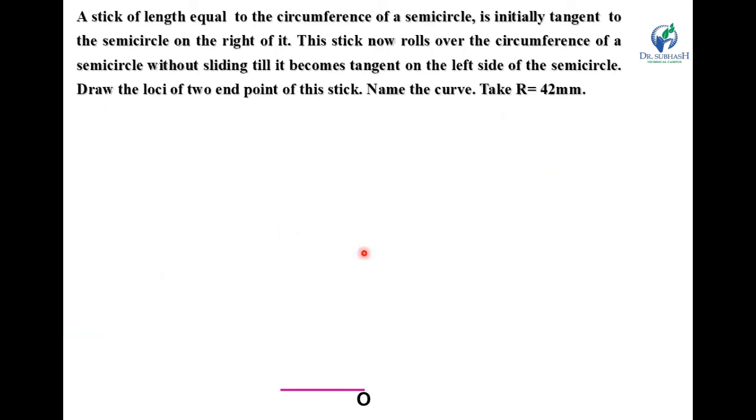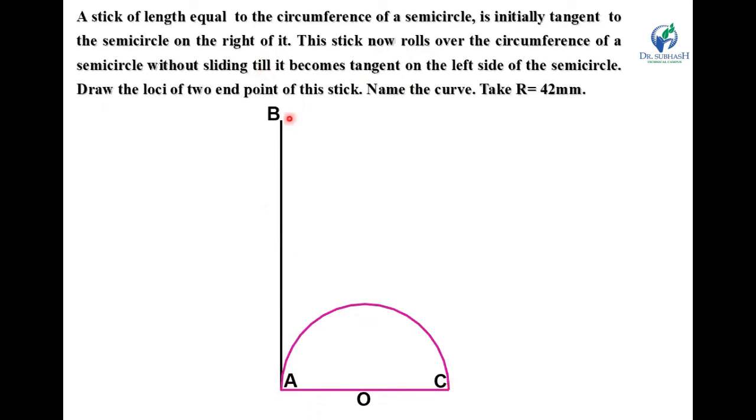For that, first of all, take point O and draw a line AC. Draw a semicircle of radius equal to 42 mm. Now a stick AB, which is tangent on this side.